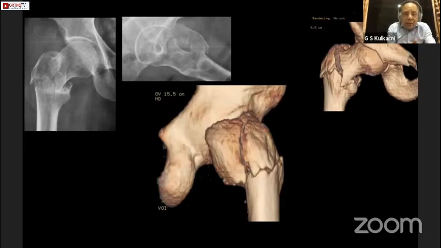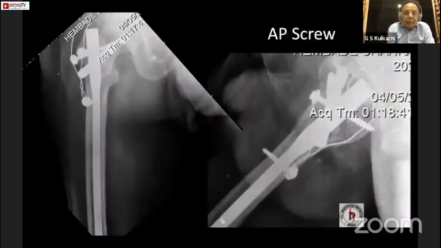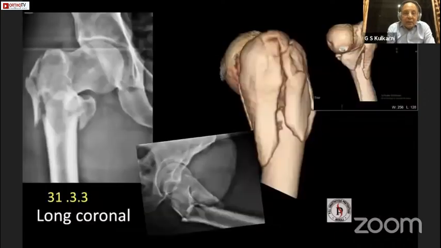This is a coronal split, which I feel is unstable, and we need just a screw here. So you can see this has united nicely. This is the final result. And this is the anterior-posterior screw that I showed you. And this is another example. This is a long coronal.